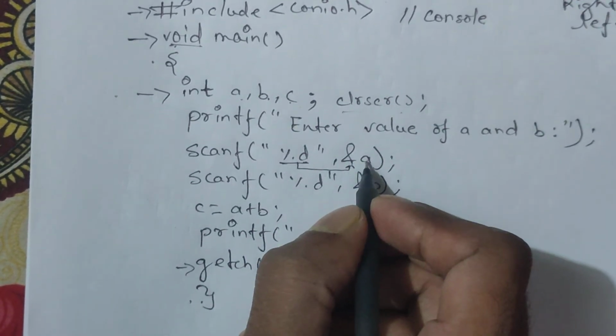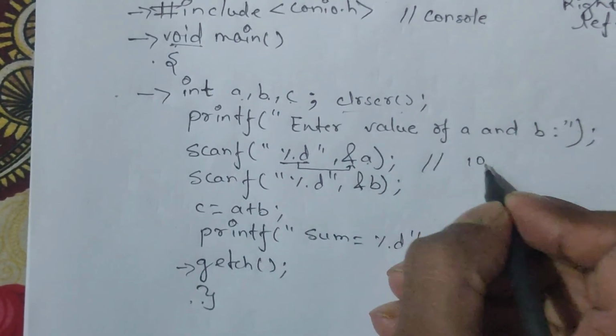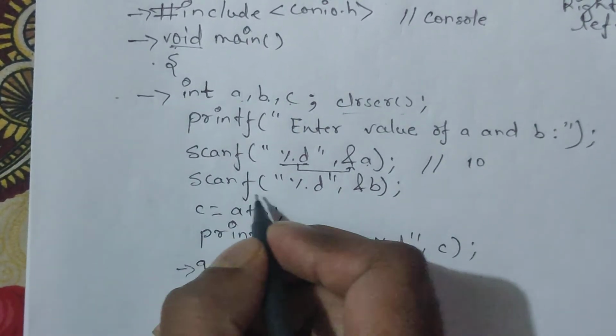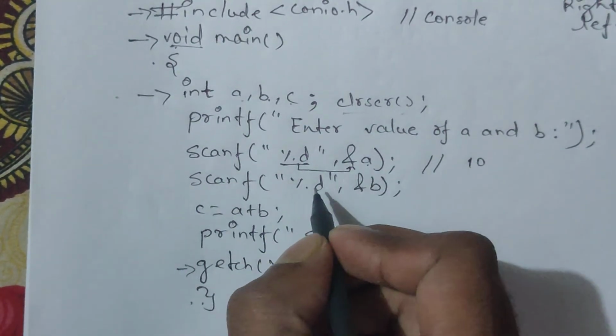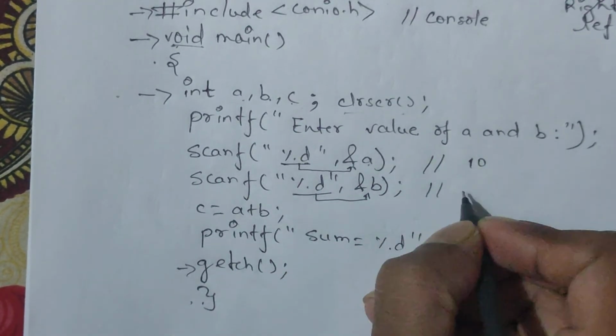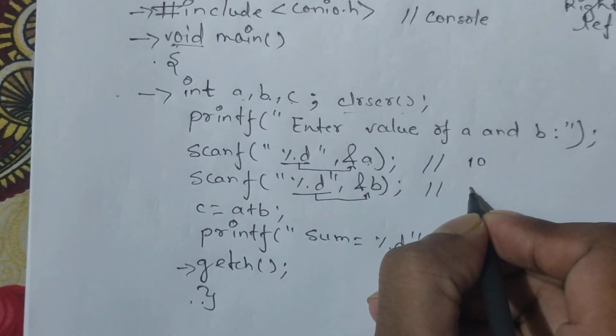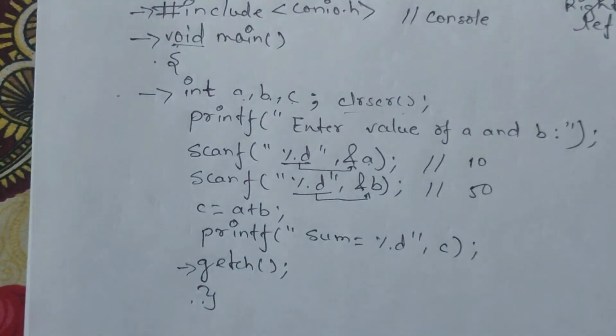So a will store whatever value the user gives. Suppose the user gives 10, and again one more scanf is there. We are reading two values but in different statements. So scanf %d will give the value to the address of b. So b's value will be, let's say, 50. Okay, so we got the inputs.